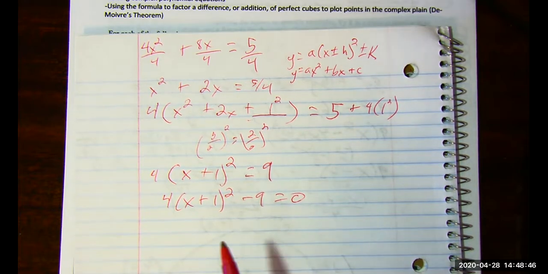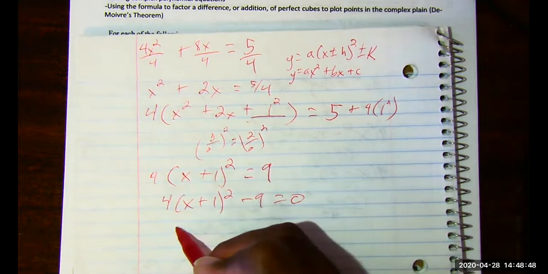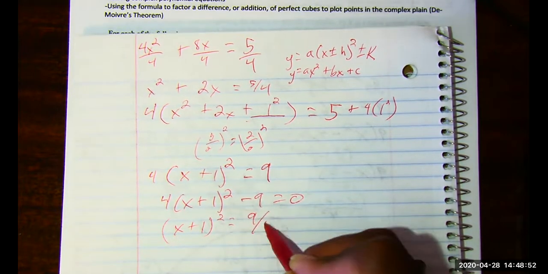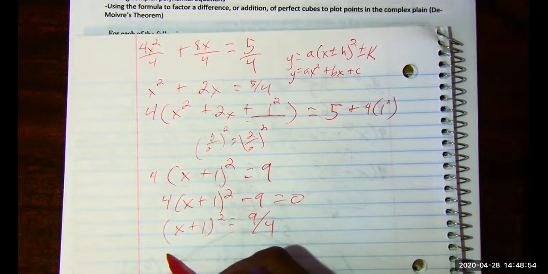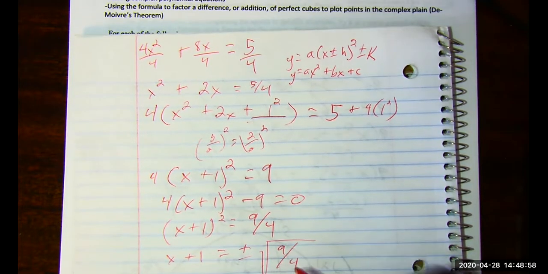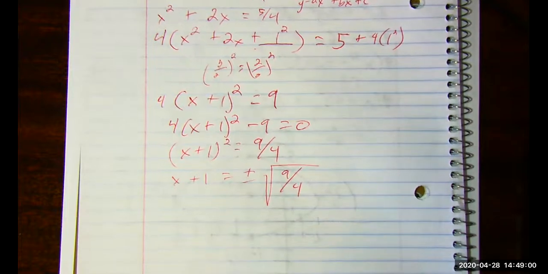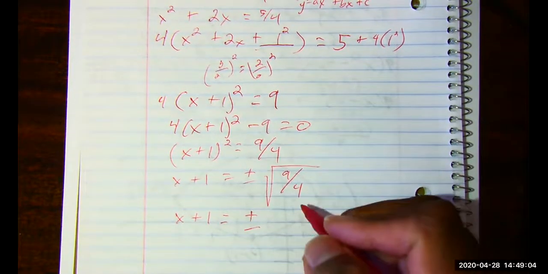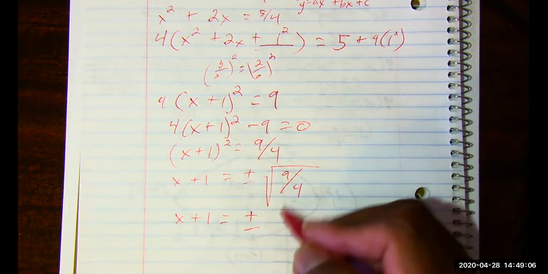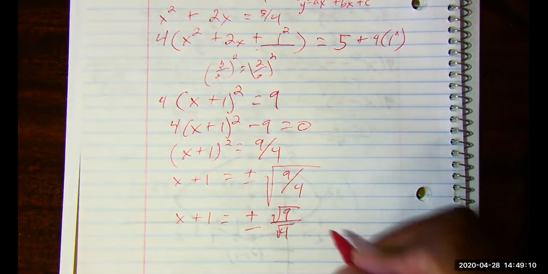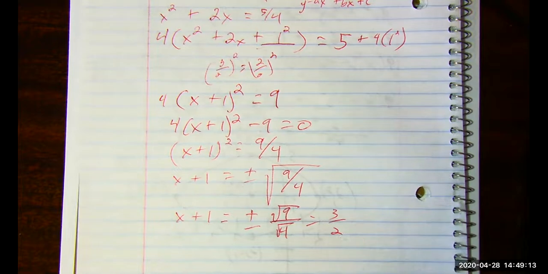Let's go ahead and solve and get these roots. X plus 1 squared equals, now we have 9 divided by 4. X plus 1 equals plus or minus square root 9 divided by 4. That's the same thing as x plus 1 equals plus or minus, we can rewrite this as square root of 9 divided by square root 4, or 3 divided by 2.